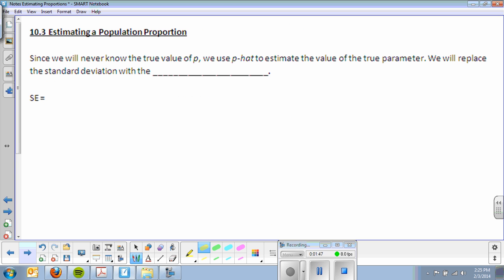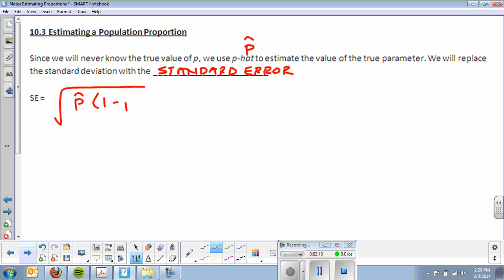Now, since we will never know the true value of P, that's the whole point of doing this, is to estimate, we use P hat to estimate the value of the parameter, and we will replace the standard deviation with what we call the standard error. Standard error. And that's really the standard deviation of the statistic. And in this case, we're going to use the square root of P hat times 1 minus P hat over N, because again, we don't know P. We only have P hat, so that's really our only option to use in the formula.